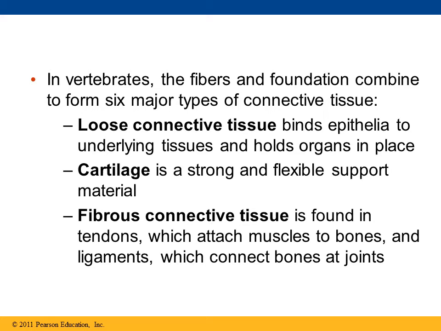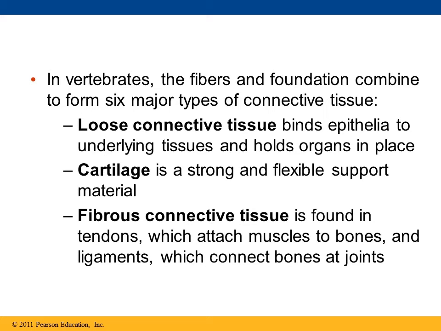So in vertebrates, there are 6 major types of connective tissue. First, there's loose connective tissue. Now this binds epidural and underlying tissue and holds organs in place. Next is cartilage, which is a strong, flexible material that provides support.